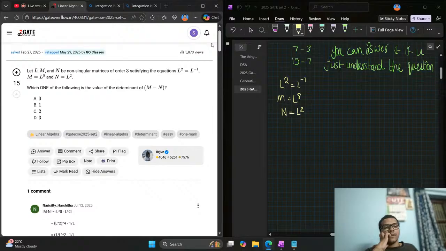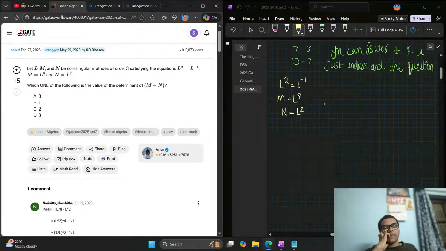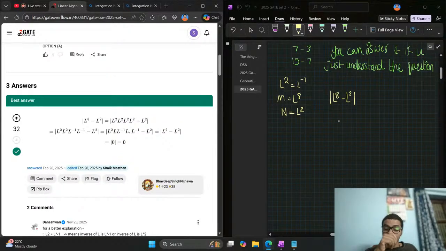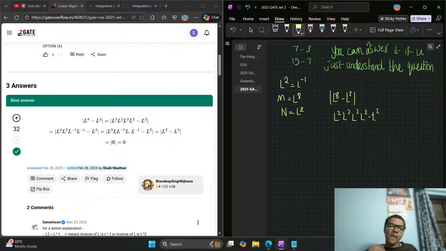What do I need? So M is basically L power 8, N is basically L power 2, so L power 8 minus L power 2 value. L power 8 is L square, L square, L square, L square minus L power 2. L square is L inverse. What are we doing?